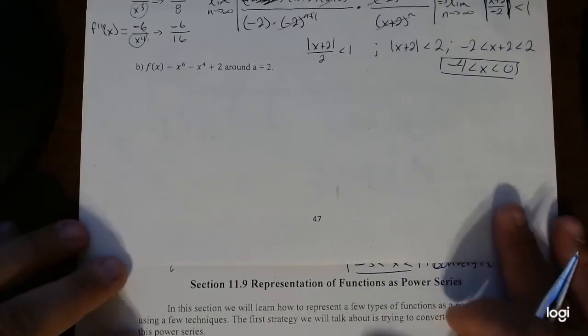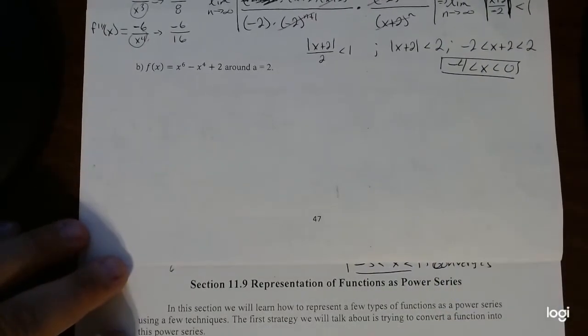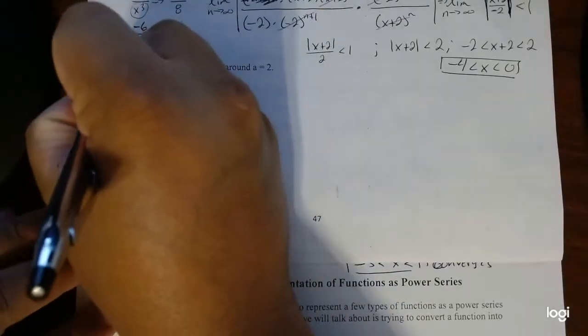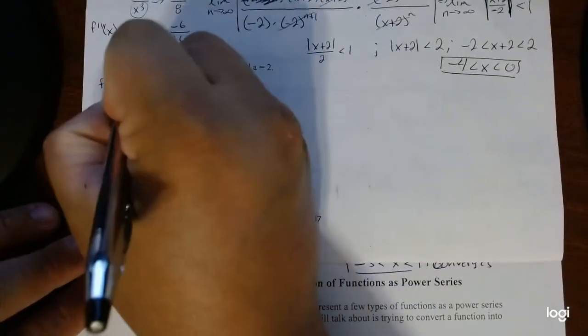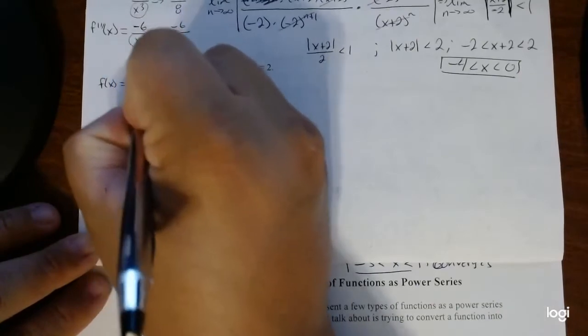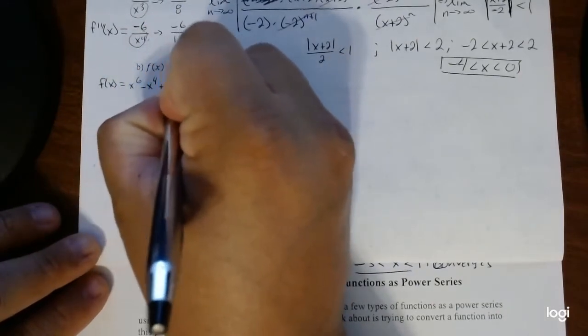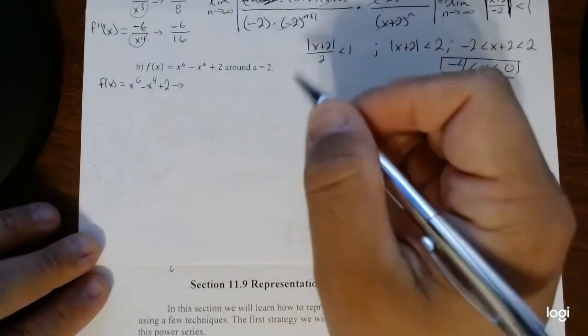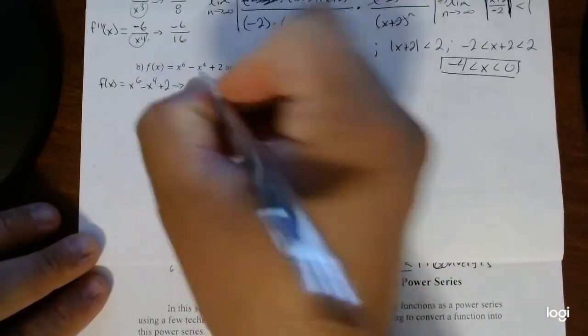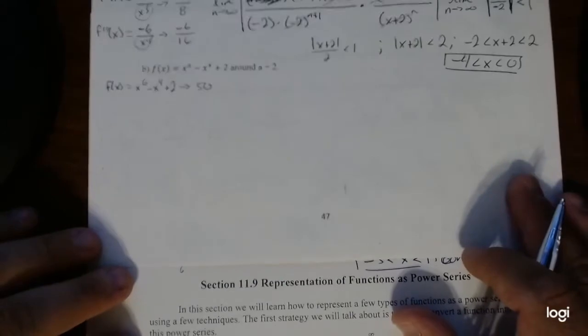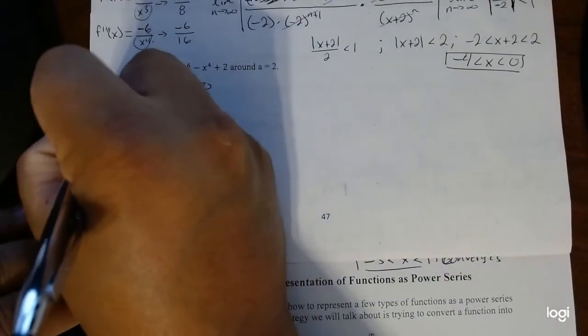So same thing, we want to find the Taylor series centered at a equals 2. First off, we'll write f of x is just this. Now if I plug in 2 into here, I should get 50. Take the first derivative.